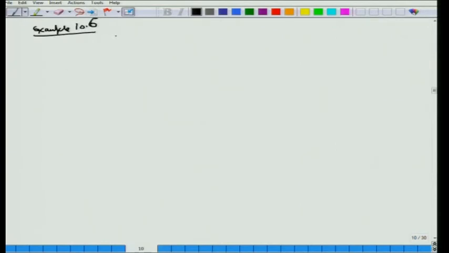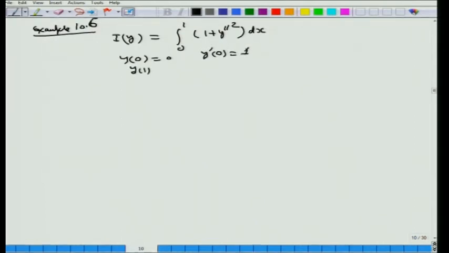Here we consider I of y is the integral from 0 to 1 of 1 plus y double prime square dx. So, the conditions are y at 0 is 0, y prime at 0 is 1, and y at 1 is 1 and y prime at 1 is also 1.